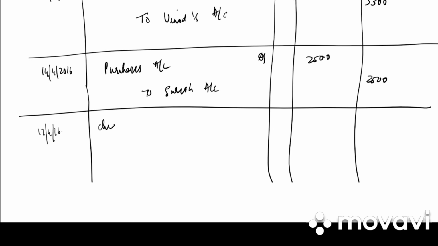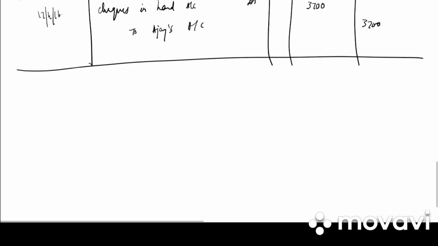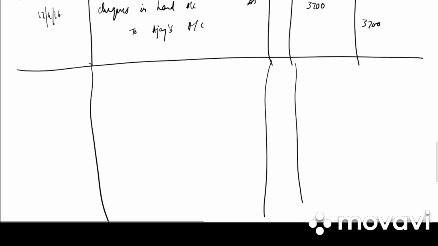Next on 17th April, we received a cheque from Ajay. So cheque in hand account debited to Ajay's account. 3,700 debit, 3,700 credit. Write down the narration. Cheque received from Ajay, not deposited into bank.